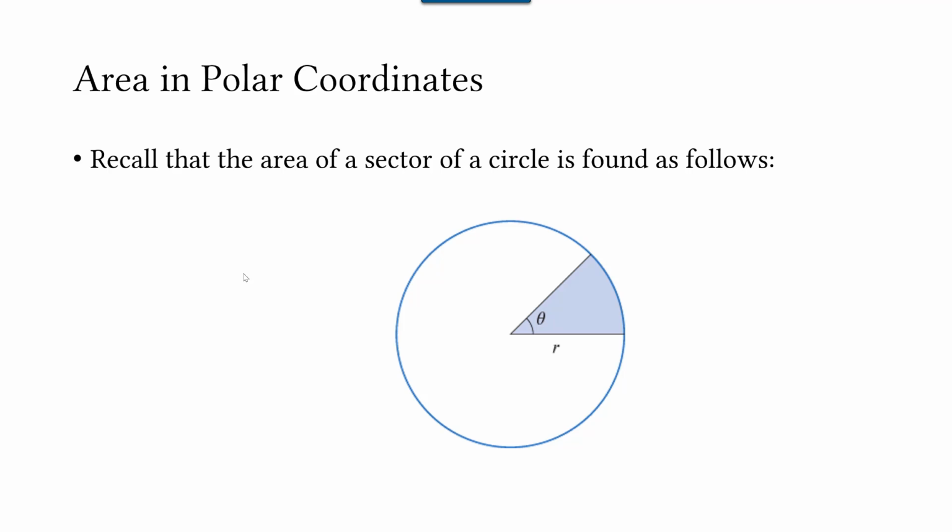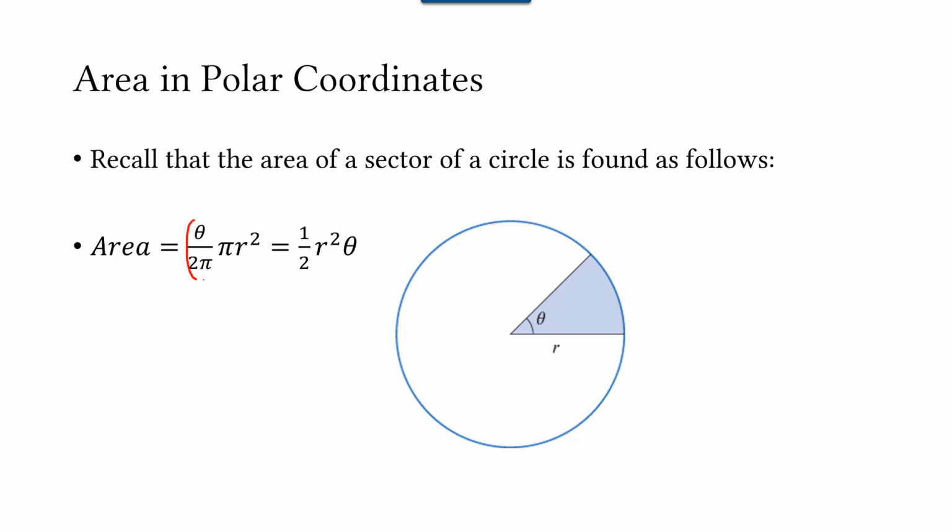Because the total circle has 2 pi radians in it, the fraction of area represented by this sector would be theta over 2 pi. So the area of the sector would be theta over 2 pi times the area of the circle.